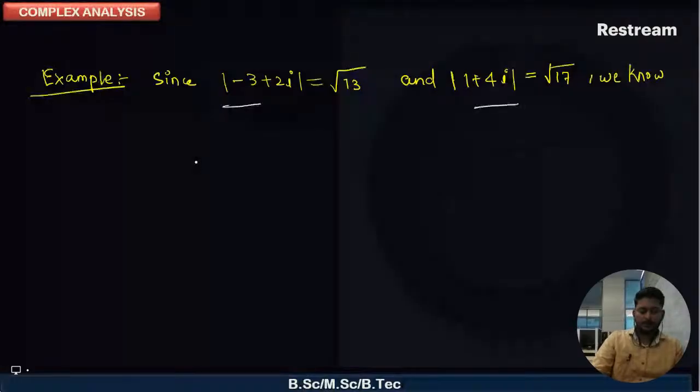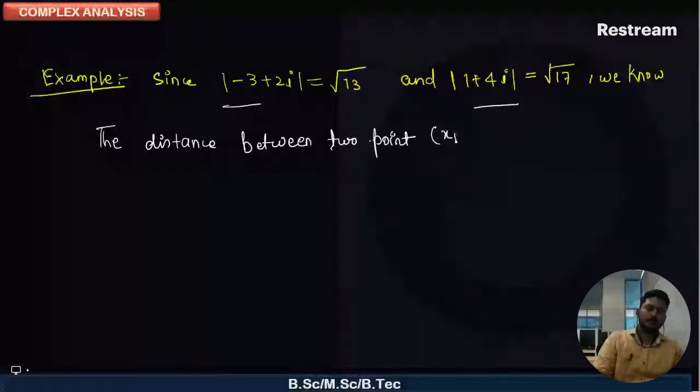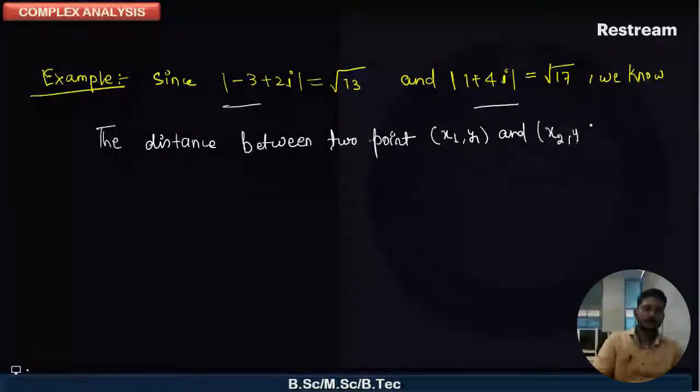So the distance between two points x1, y1 and x2, y2 is the modulus of z1 minus z2.